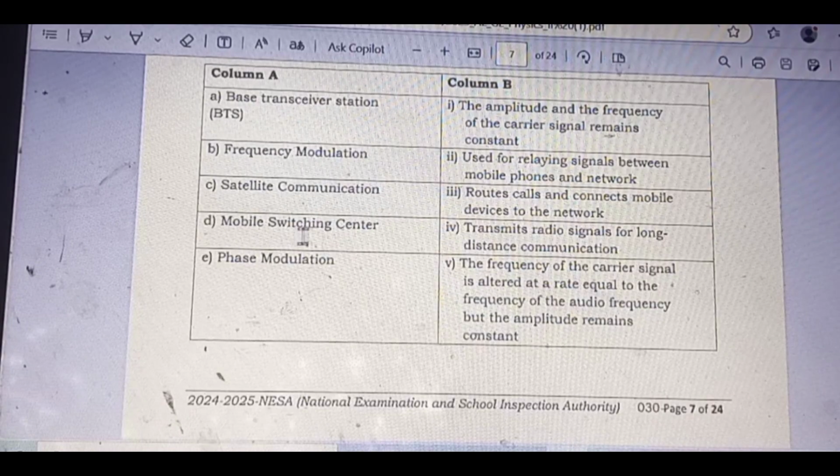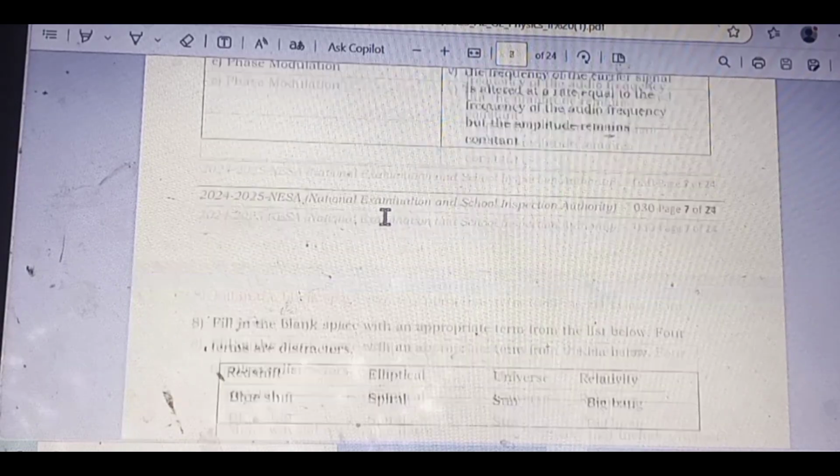D. Mobile switching center matches to III, routes calls and connects mobile device to the network. E. Phase modulation matches to I. The amplitude and the frequency of the carrier signal remain constant.